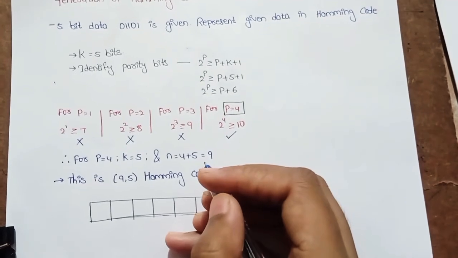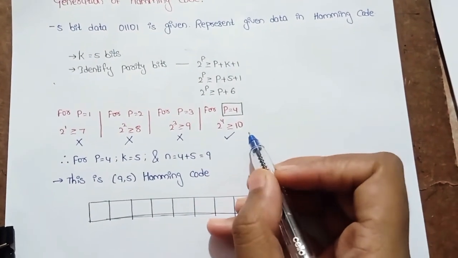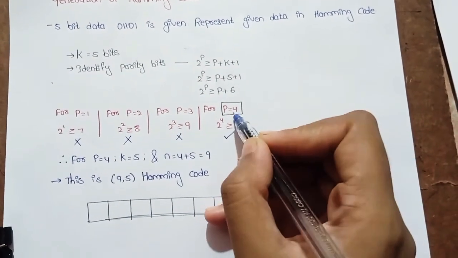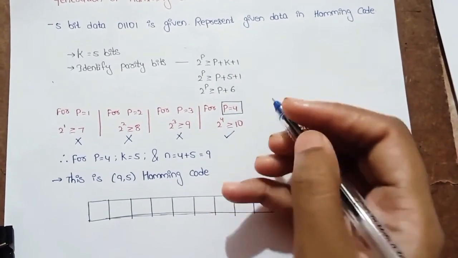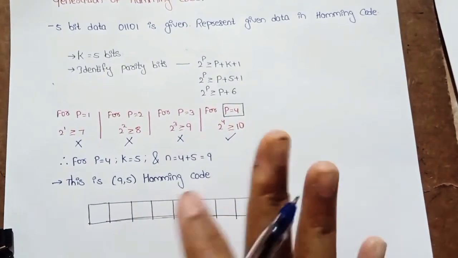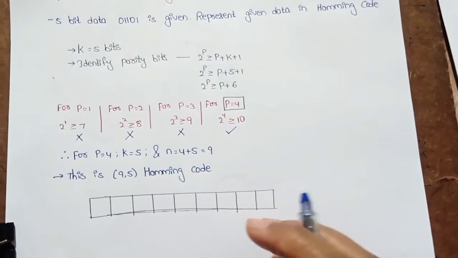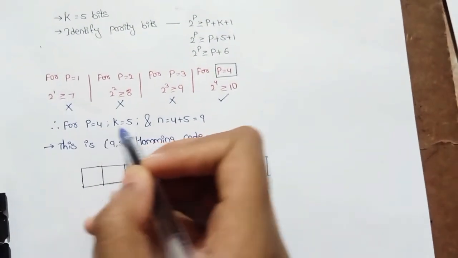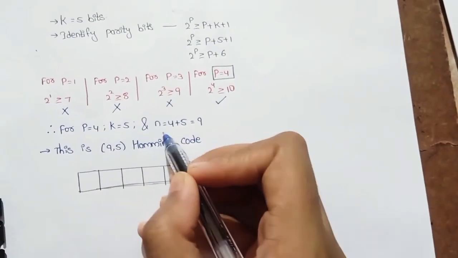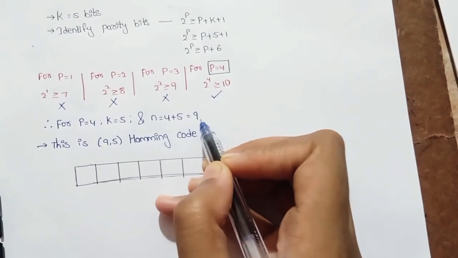So, now we identified that total number of parity bits are 4. Now we have an idea about the parity bits. So for p equals to 4, k equals to 5 and n equals to 4 plus 5 equals to 9.